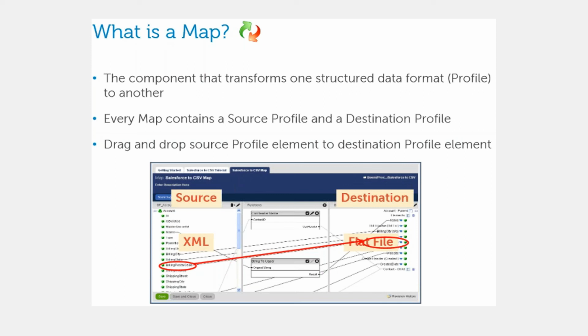This conversion from XML to database is done through a map. You can also define your own functions like string concatenation: first name and last name you can combine and give as a full name. All these kinds of functions you can use in the map, right? And this will be a source profile, and this is called the destination profile.